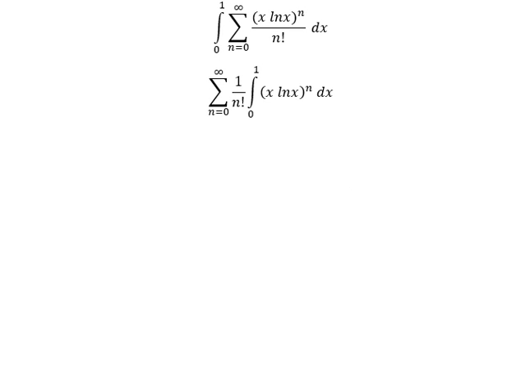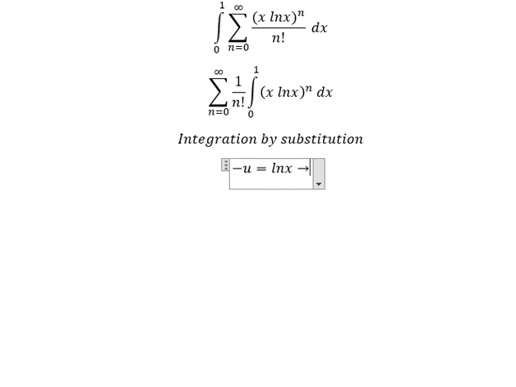Next, we can use integration by substitution. So I will put negative u equals ln s. Later, we put e for both sides.